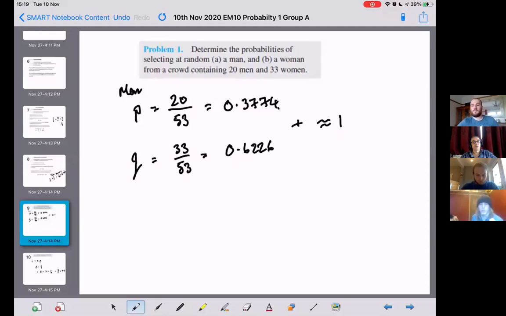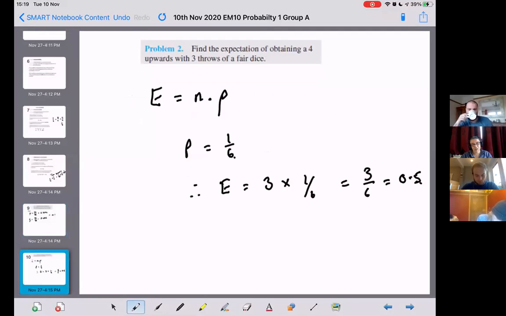So the expectation is the number of throws times the probability. In this case, it's 3 times a half, which is 3/6 or a half.